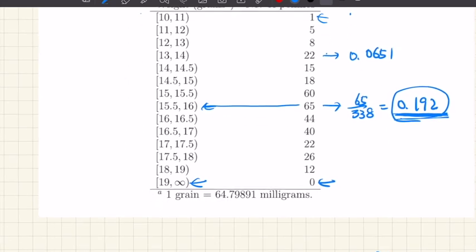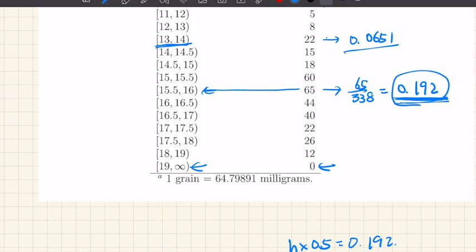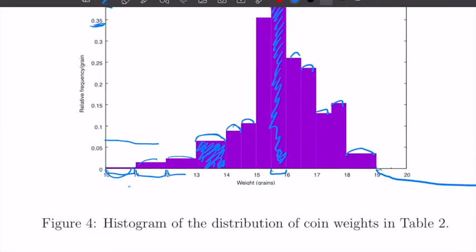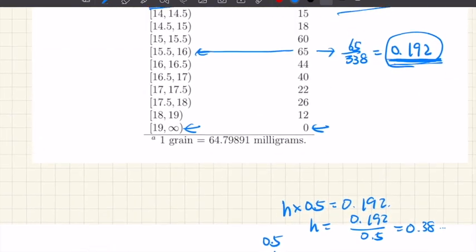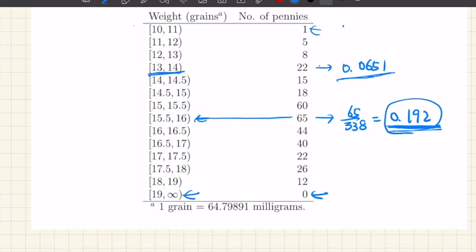Since the interval size is 1 grain, the height should be equal to this. So 0.05 is here, 0.1 is here. So this should be somewhere around 0.065 or so. See?